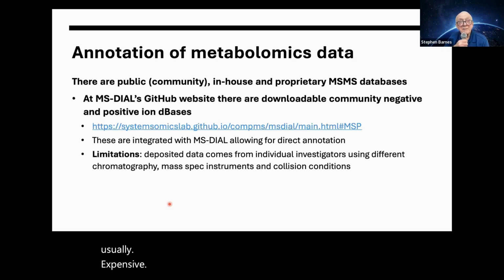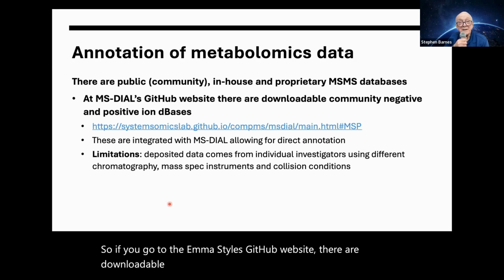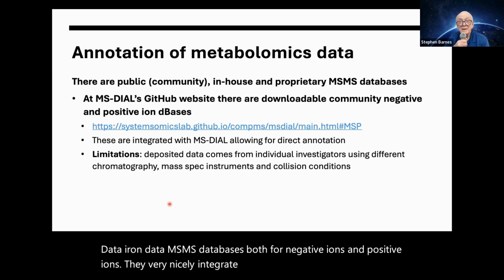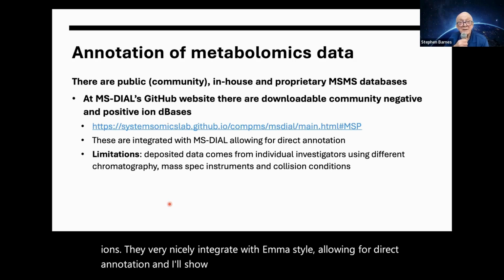So if you go to the MS Style GitHub website, there are downloadable community ion MSMS databases, both for negative ions and positive ions. They very nicely integrate with MS Style, allowing for direct annotation, and I'll show that in a minute.